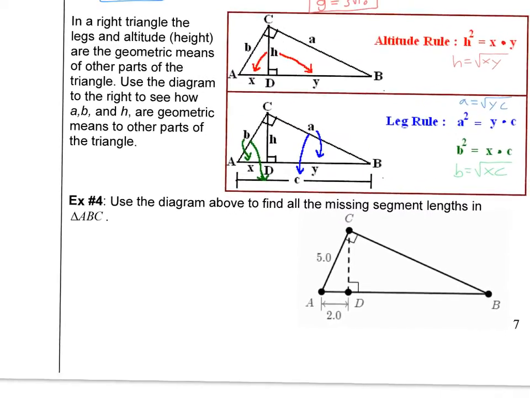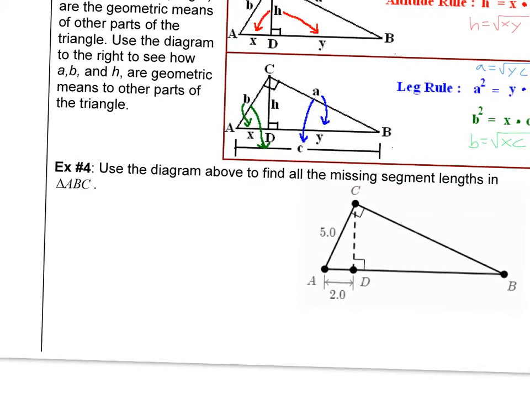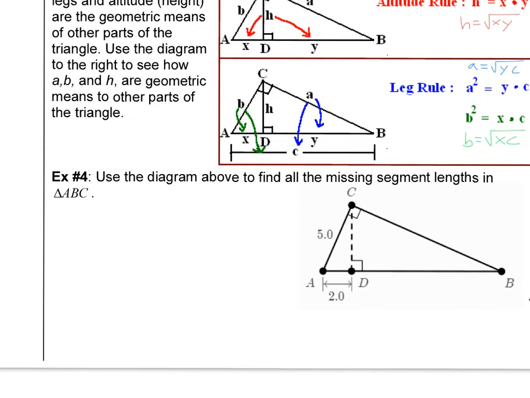It says use the diagram above to find all the missing segment lengths in ABC. Well, there are a few missing segment lengths. I'm going to fill in the letters for the ones that are missing. It looks like we're missing this side, which we will call side A, I'll do this in blue. We're also missing this height here, which we'll call H for height, also known as the altitude.